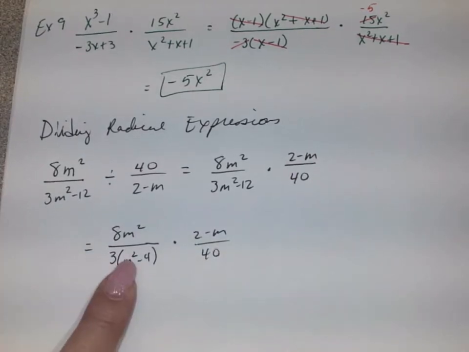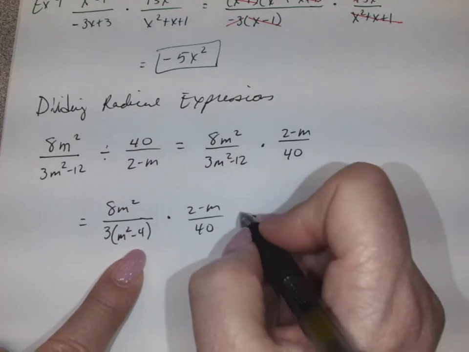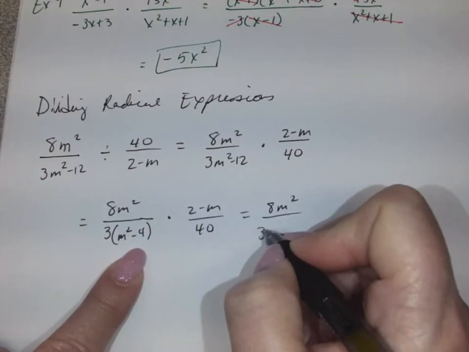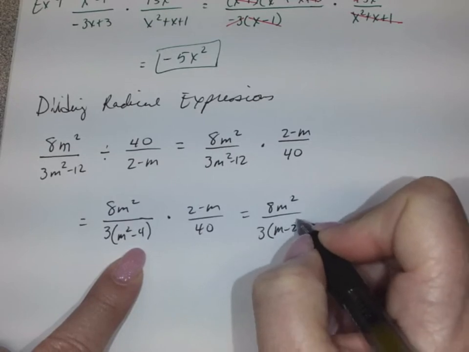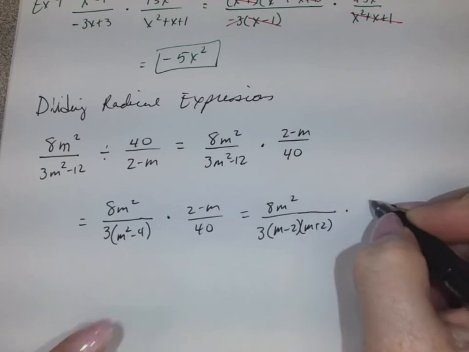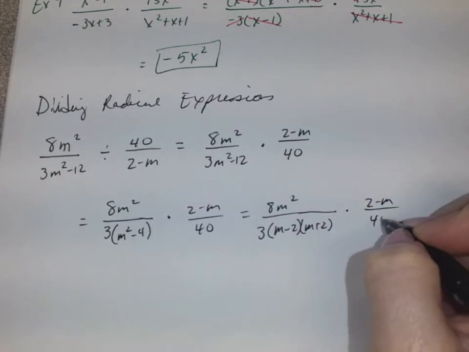Well, m squared minus 4 is a difference of squares, so we end up with 8m squared over 3 times m minus 2, m plus 2, times our 2 minus m over 40.